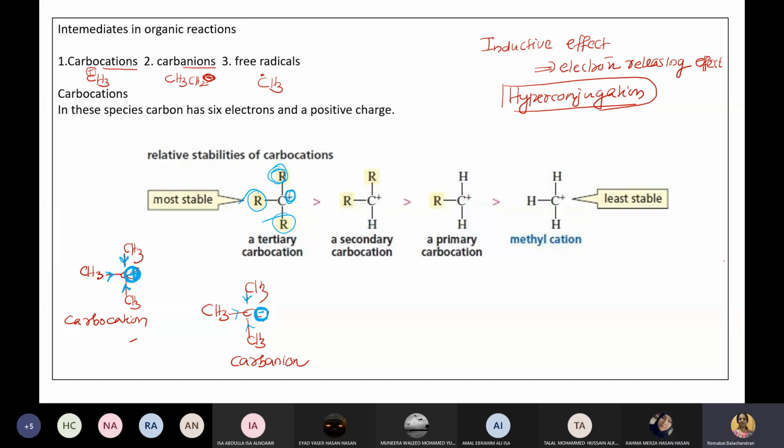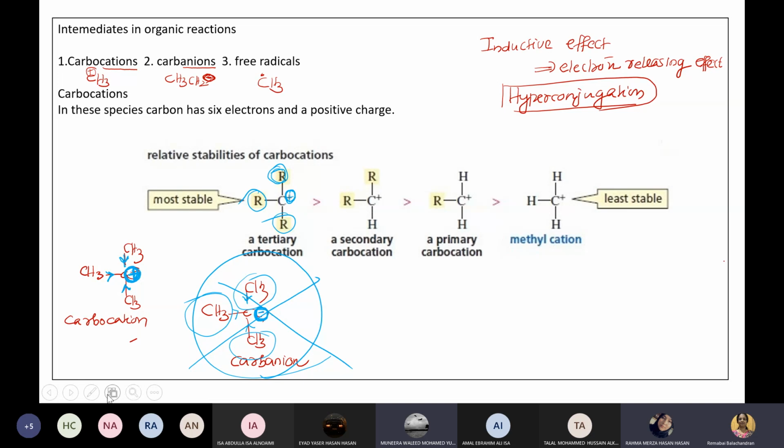So is it less stable or more stable? Less stable. That means quiz 1 less marks, exam 1 less marks, exam 2 less marks, exam 3 less marks. His condition is gone. So carbanions are the opposite of carbocations for stability. Understood now, right?